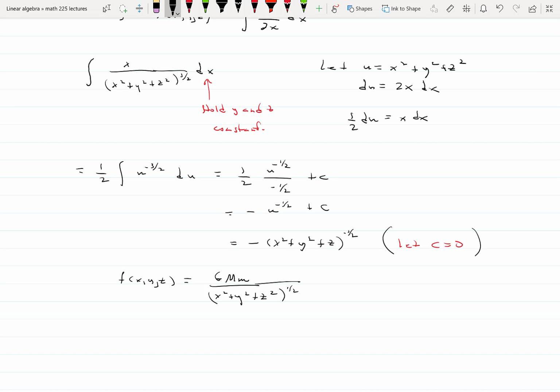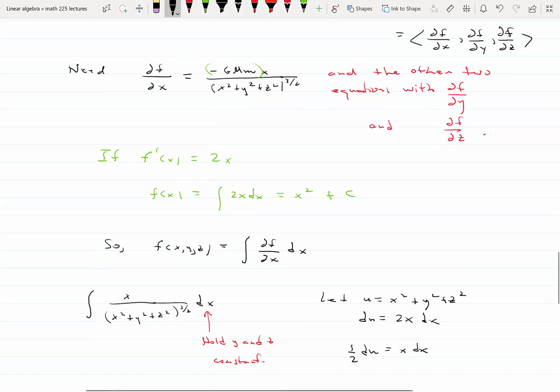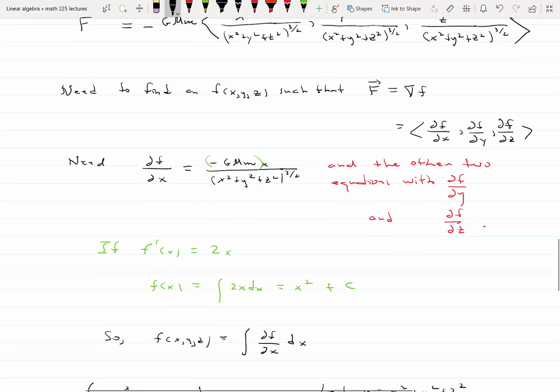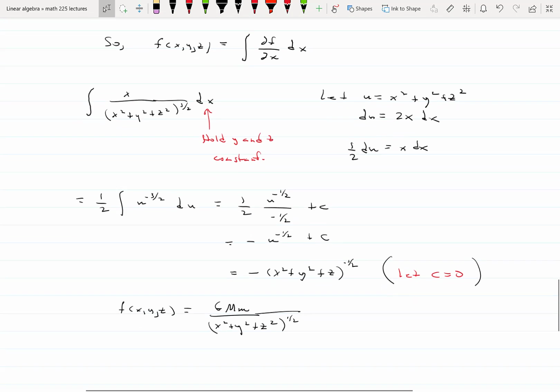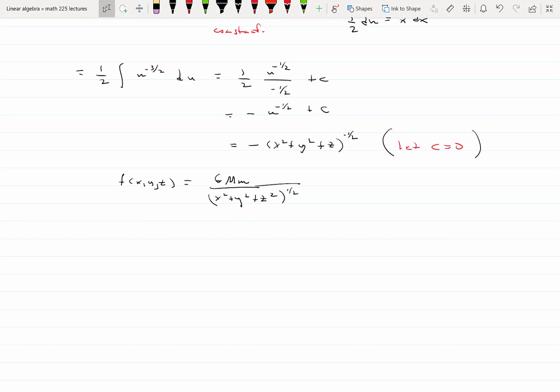Now, a couple of things here. One, it looks like maybe I lost a minus sign, and I didn't. When I integrated, I didn't take into account that we had reserved the constant negative G big M times small m, so those two negatives canceled. The second thing is, you notice I never even considered the other two components, the partial with respect to y and the partial with respect to z.